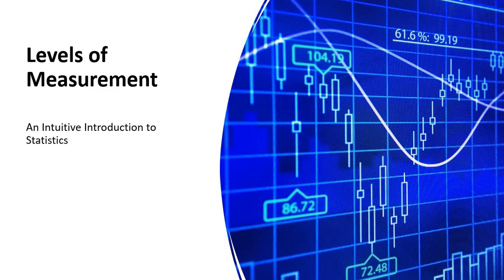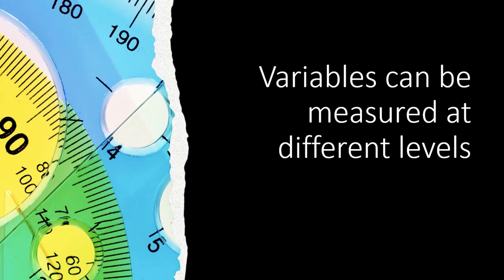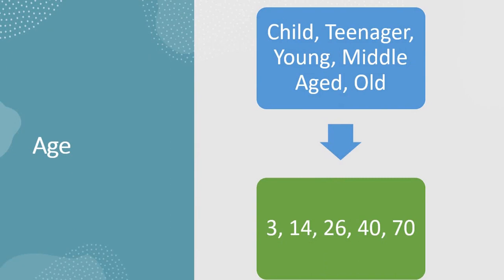However, variables can also be viewed through the lens of the level at which they are measured, because some variables can be measured at different levels. For example, you can choose to measure age as a categorical variable, for example, child, teenager, young, middle aged, and old.